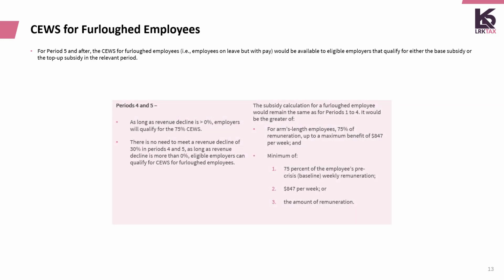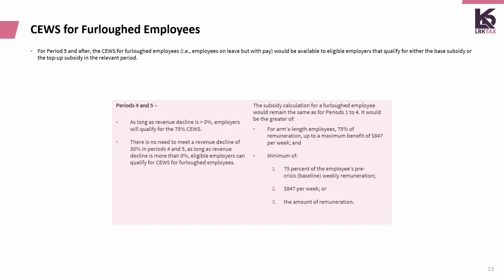But for periods 4 and 5, as long as the revenue decline is greater than 0%, the employees will qualify for the 75% original wage subsidy program. There is no need to meet a revenue decline of 30% in periods 4 and 5. As long as revenue decline is more than 0, eligible employers can qualify for CEWS for the furloughed employees.